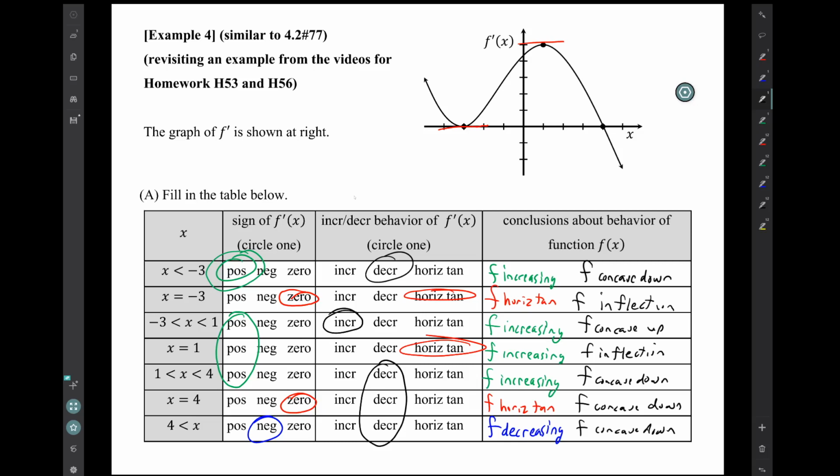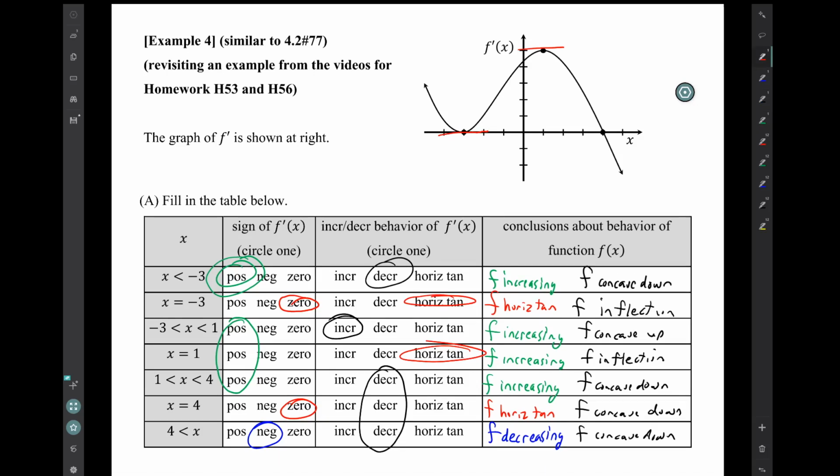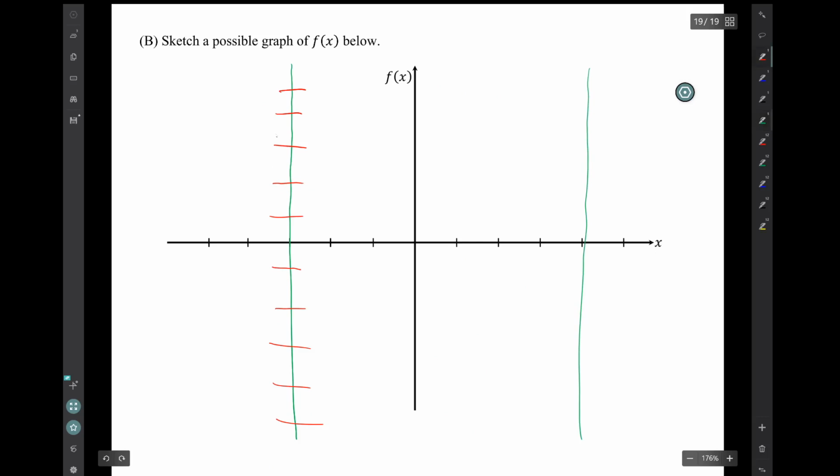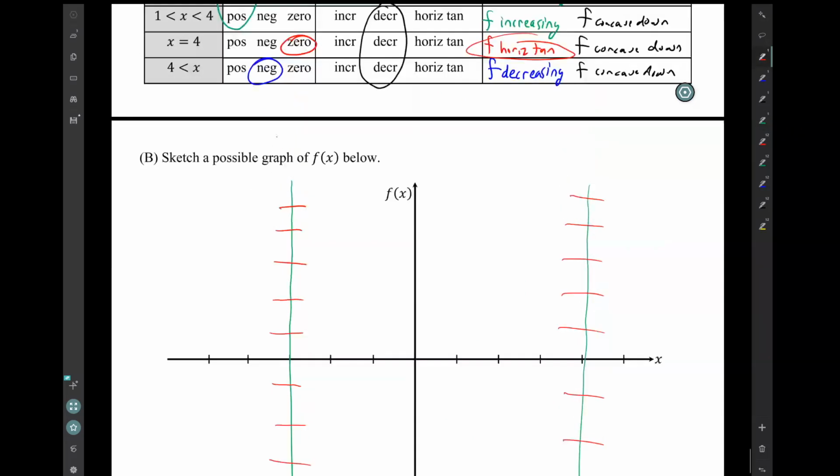Now let's, on the next page, draw a graph. So first of all, we'll notice that at x equals -3 and at x equals 4, f will have horizontal tangents. So I'll put a guideline in for that. Now let's go back up and look at more information.